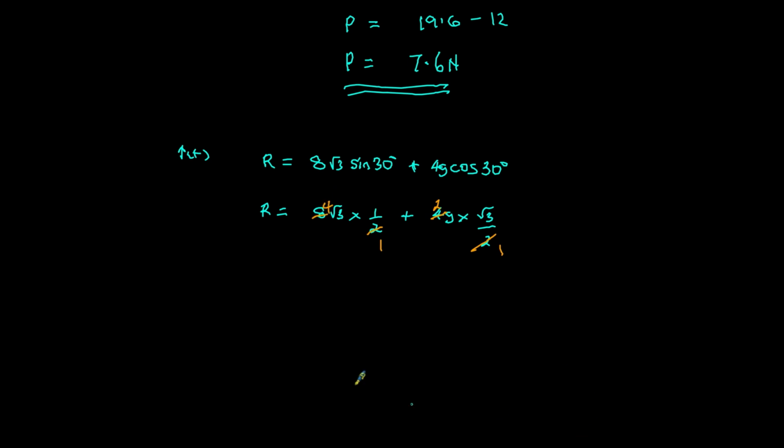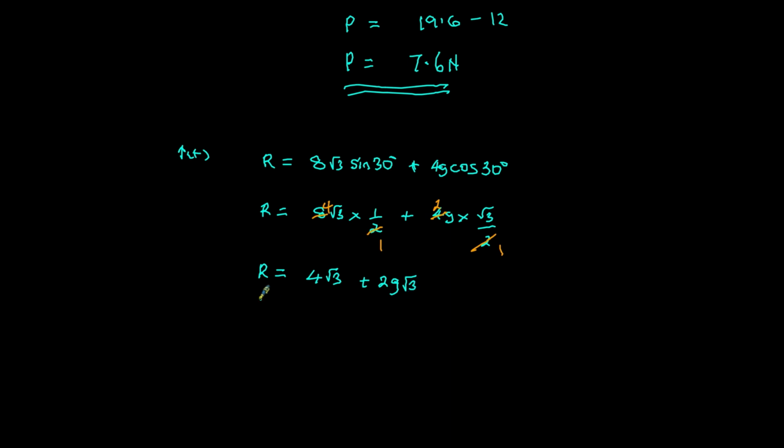So we notice that our R, which is the normal reaction, is equivalent to 4 root 3 plus 2g root 3.